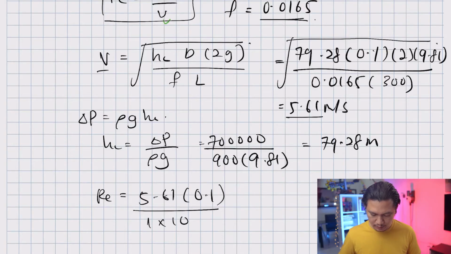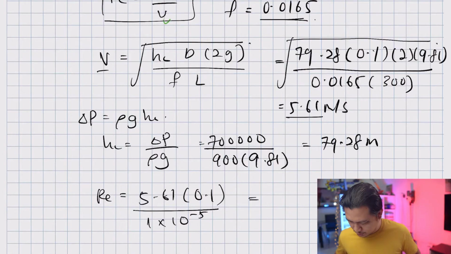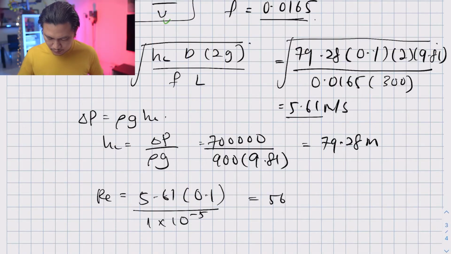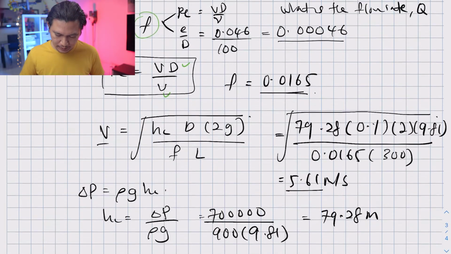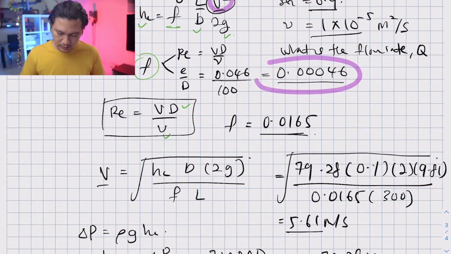That gives us a Reynolds number of 5.61 times 0.1 divided by 1 times 10 to the power of minus 5, which is 56,100. Okay, so this is our Reynolds number and this is our relative roughness.